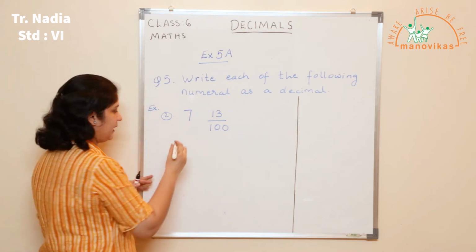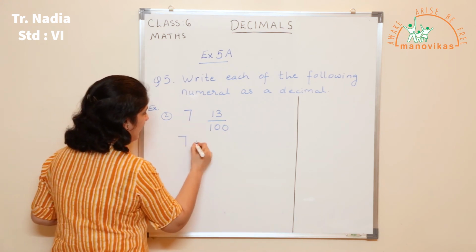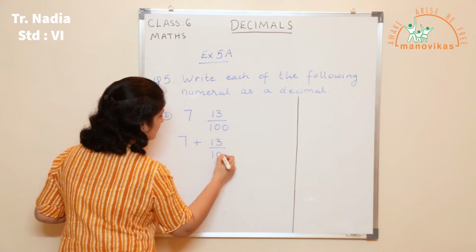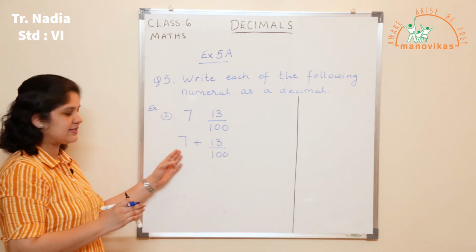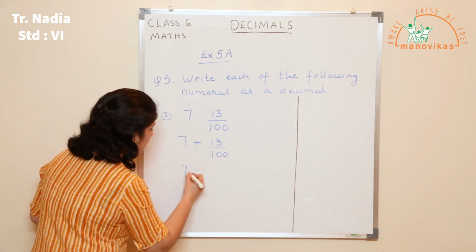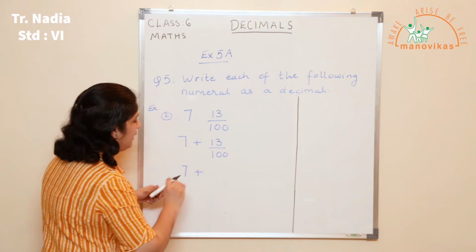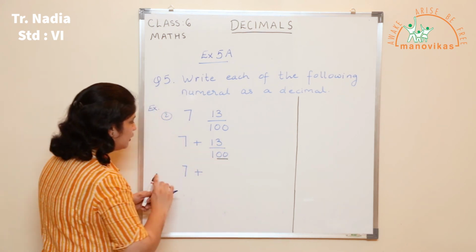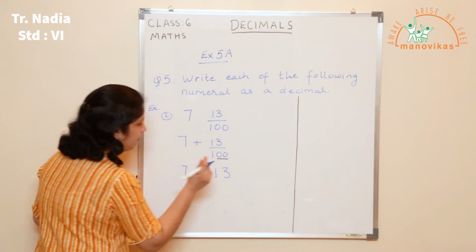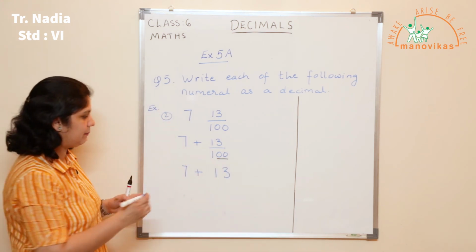Okay, let us separate the whole number and the decimal or the fraction part. First step, separate the whole number and the fraction part. Next step, put your decimal point based on the number of zeros. 2 zeros are there in the denominator. Write the numerator back. I need to have 2 decimal places.